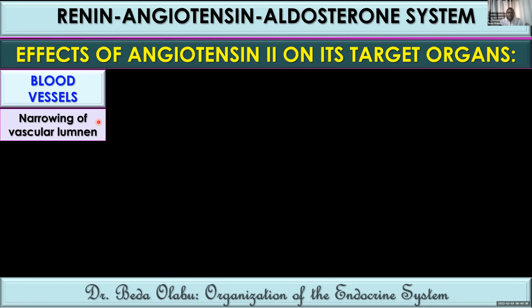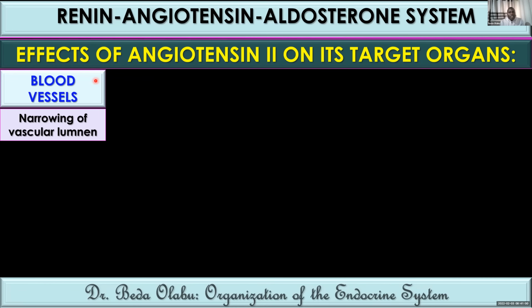And so that causes narrowing. That is what we call vasoconstriction. Angiotensin causes vasoconstriction. And it is for that reason that perhaps it's actually called angiotensin. It is known that angiotensin II is perhaps the most potent vasoconstrictor in the body.